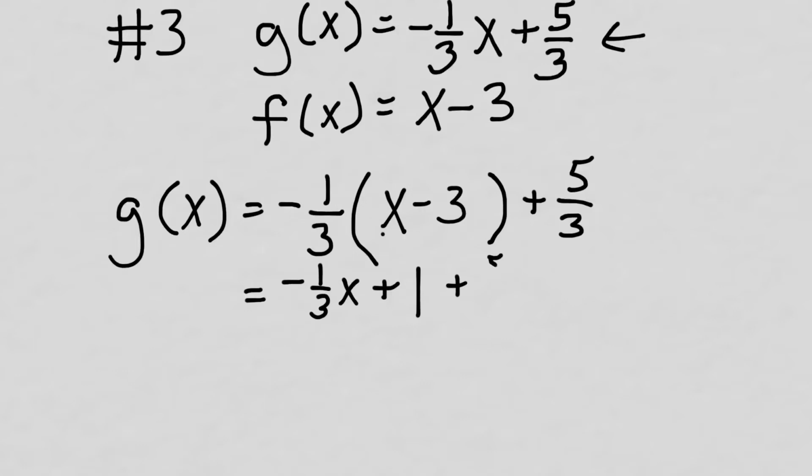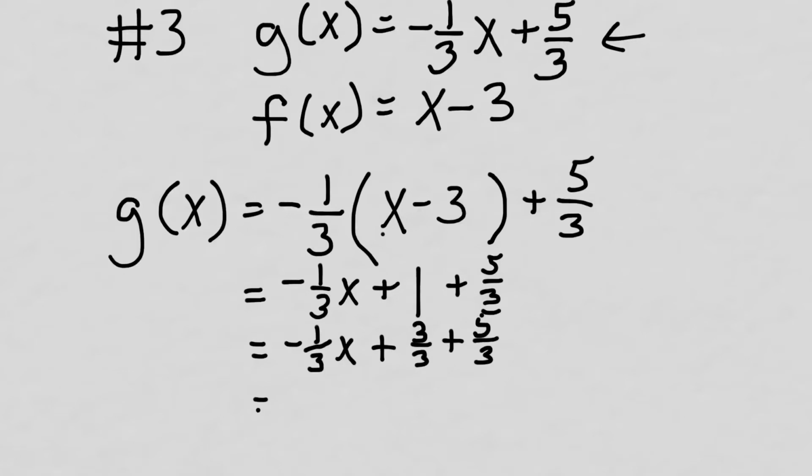plus 5/3. The next thing we want to do is combine like terms. We get negative 1/3 x plus 1, which is the same thing as 3/3 plus 5/3.